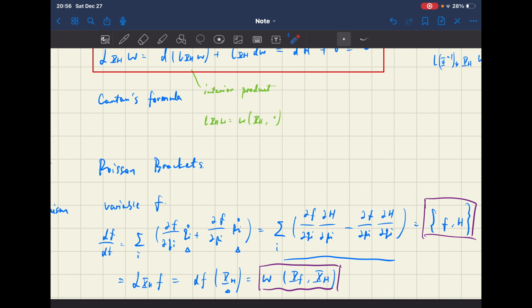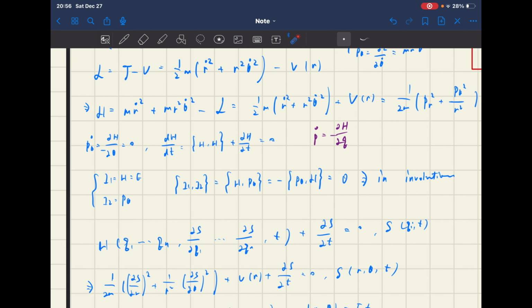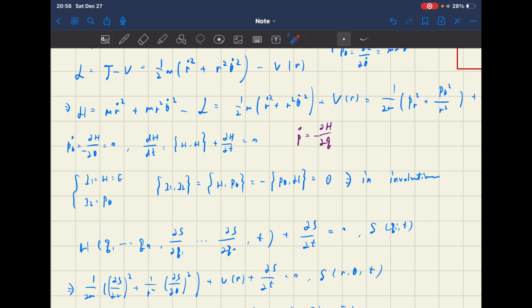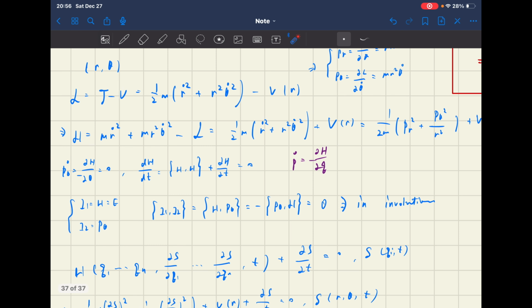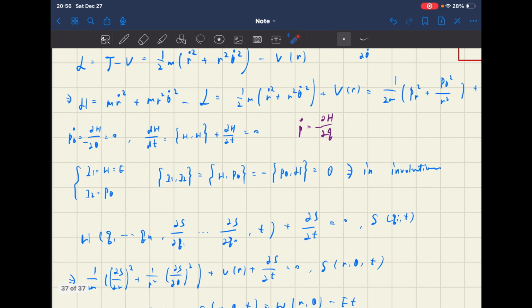Here I'm not really sure whether the Hamiltonian depends on time or not, so I added the term partial of H over partial of t, but you could check that the Hamiltonian does not explicitly contain time. So the total derivative of the Hamiltonian over time is 0 as well.